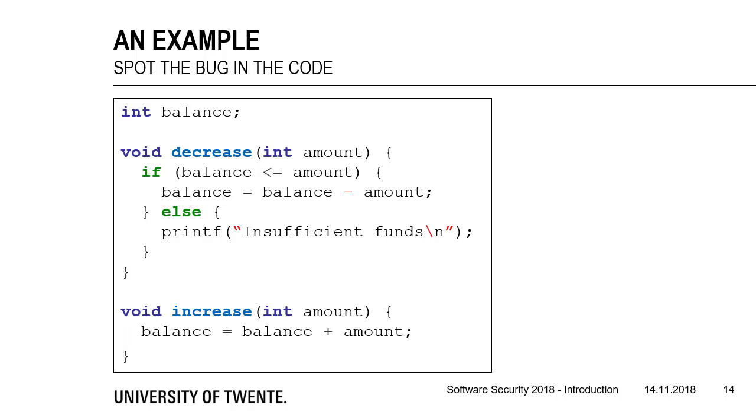So, I have some example C code here, and you try to spot the bugs in the code. What is wrong here? So what could go wrong?